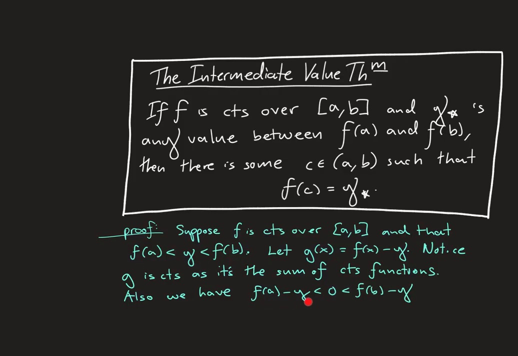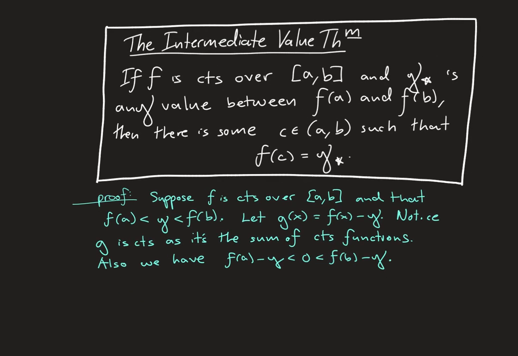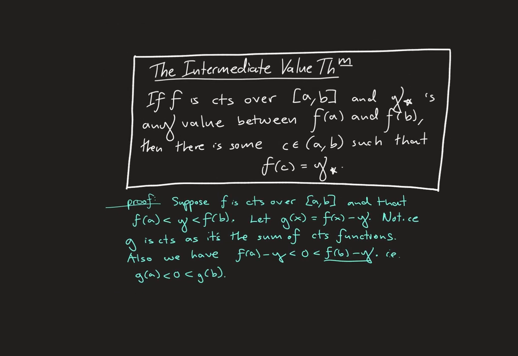But this has another name, that's g of a. So I'll say, i.e., g of a is less than 0, which is less than, this guy has another name, g of b. Okay, that's going to be helpful. And now let's come up with a set that we can use this completeness of R on.